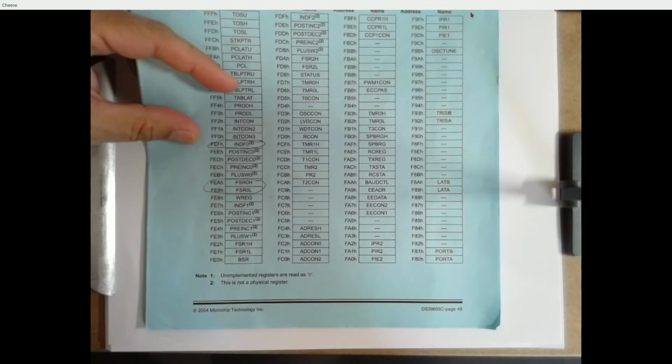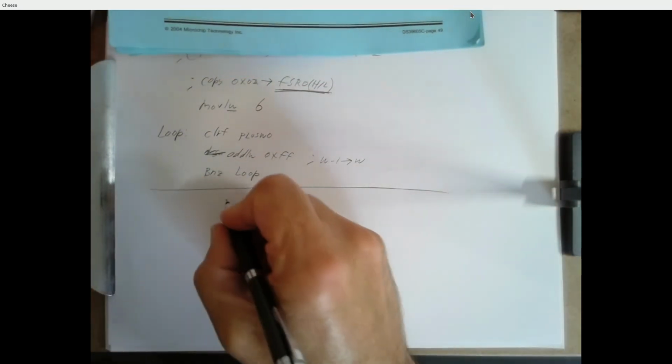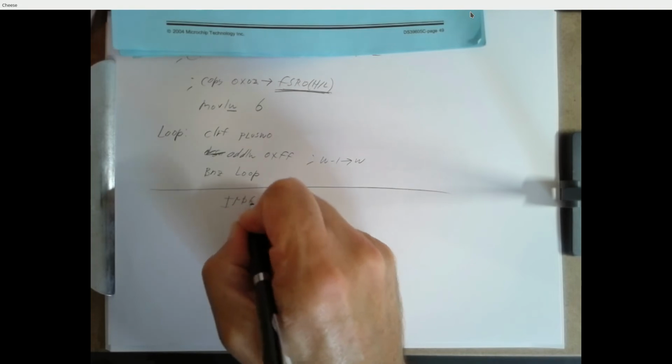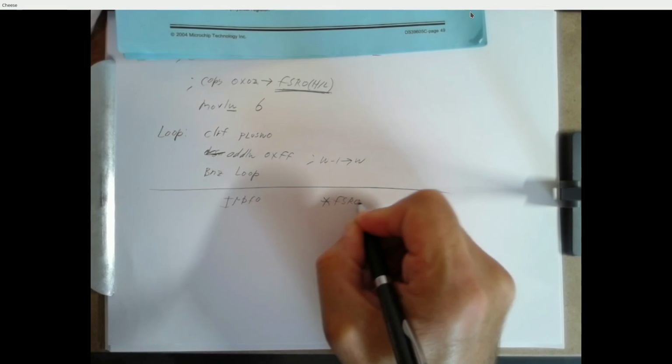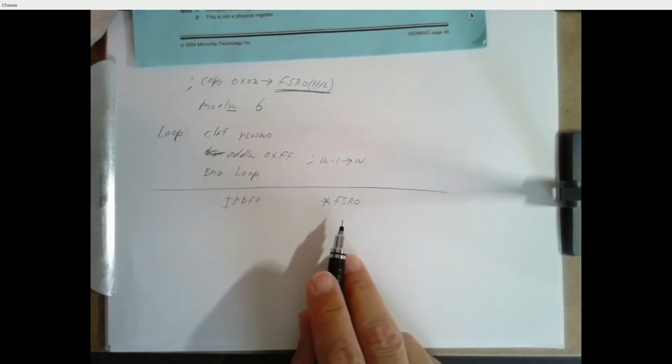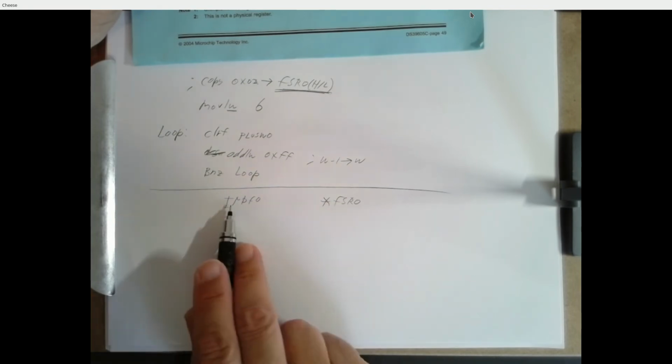Now, if you're familiar with C, let's look at what this means in C. INDF0 is basically the thing pointed to by FSR0. So we're using this as the address of an operand.